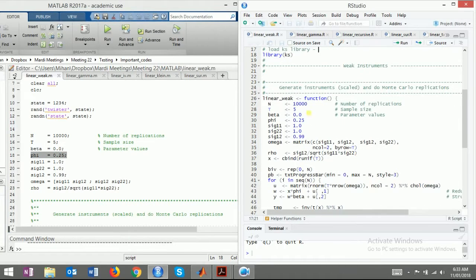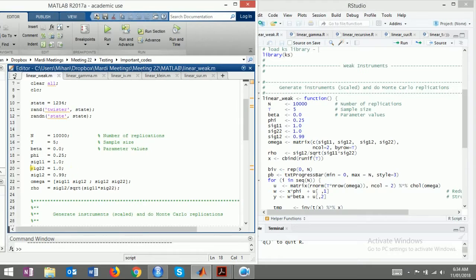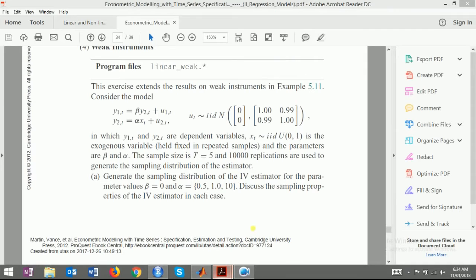Here also we are creating a function, putting everything in a function in R. So linear weak is the function being created, and we write the code between the curly brackets. The arguments are T equals 5, beta, 5.25, sigma 1 and sigma 2, which are 1 and 1, and sigma 12 as 0.99.